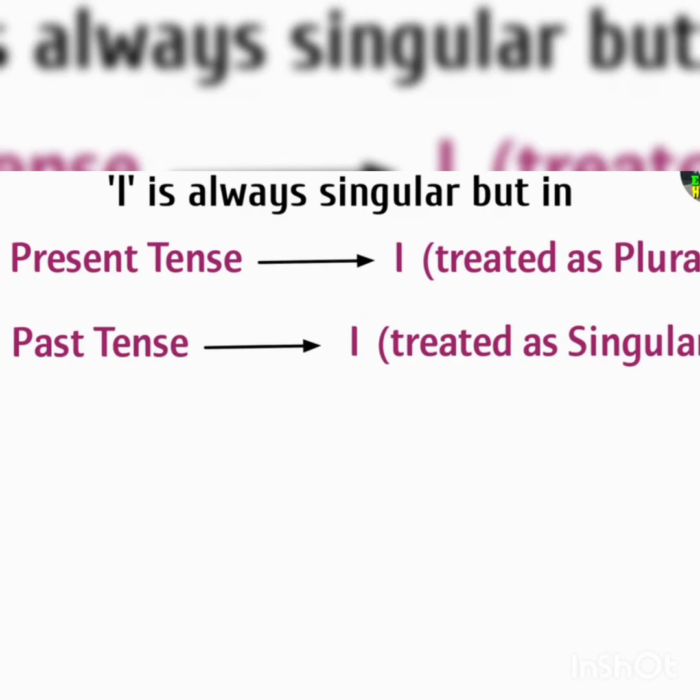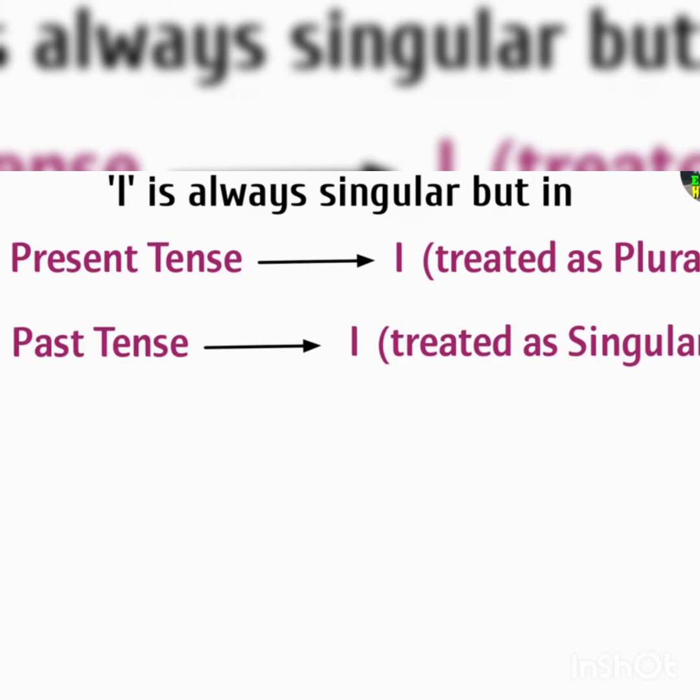Now let us move on. So there will be another question, ma'am, what about I? Is I singular or plural? Bachche, I is always singular, but remember there is a rule. I means I, of course it is singular, but there is a rule. And what is that rule? In present tense, we treat I as plural. That's why you would have seen I have a beautiful car.